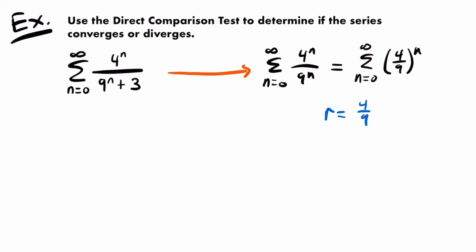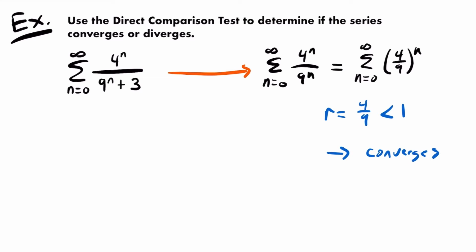And when the absolute value of the common ratio is less than 1, then the geometric series converges. But if the absolute value of r is greater than 1, then the series diverges. But in this case, the absolute value of 4/9 is just 4/9, and that is less than 1, which means that this geometric series converges.